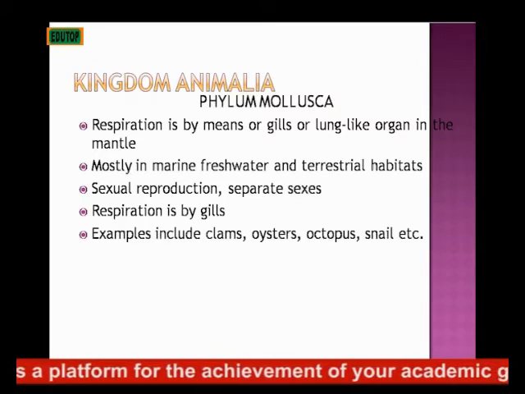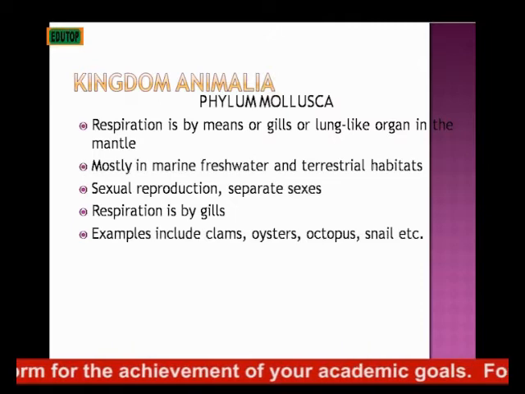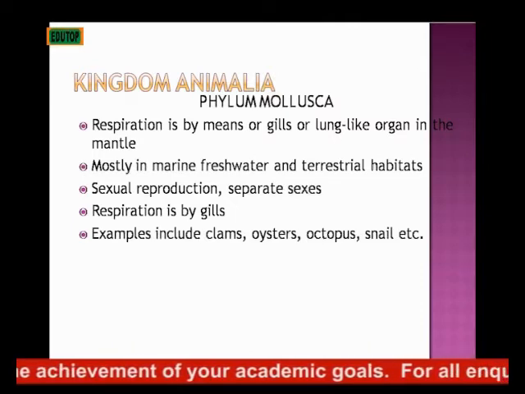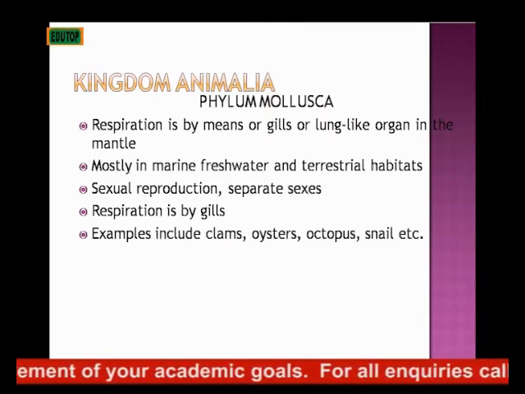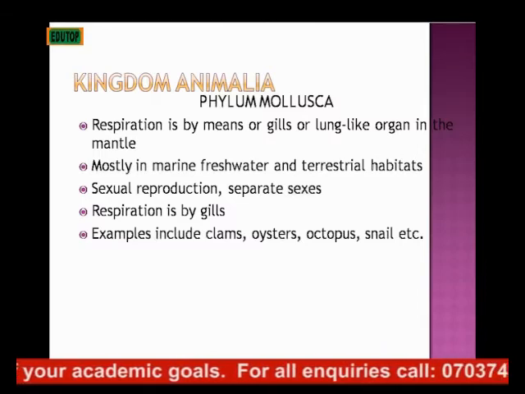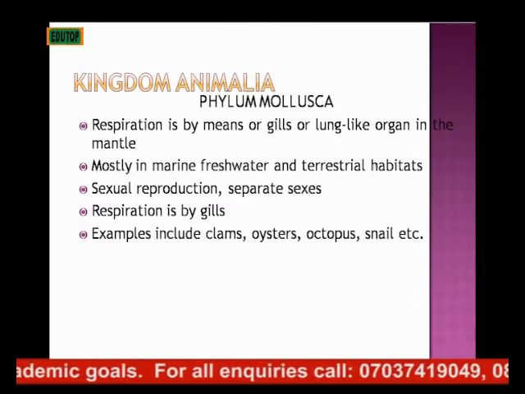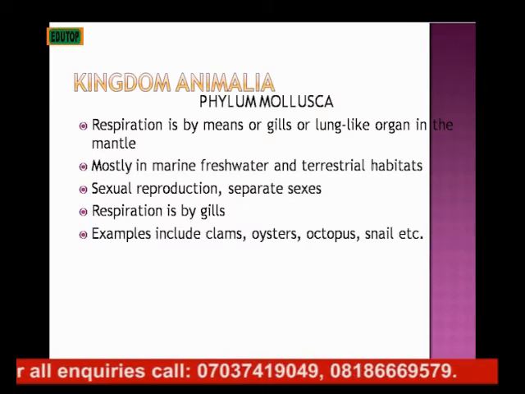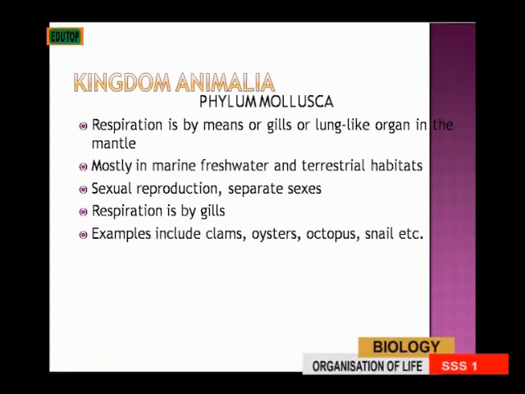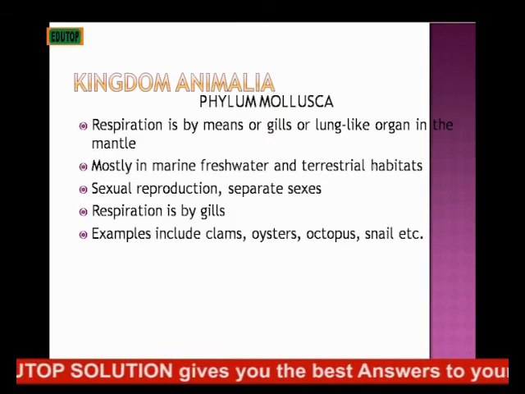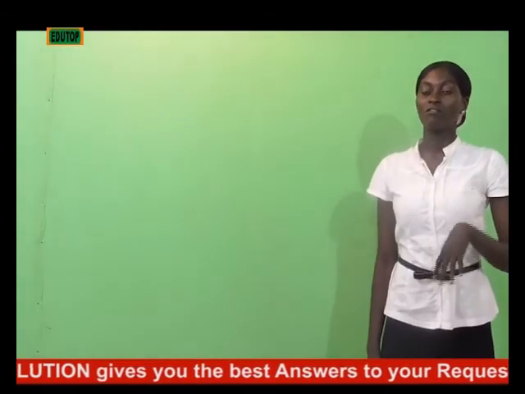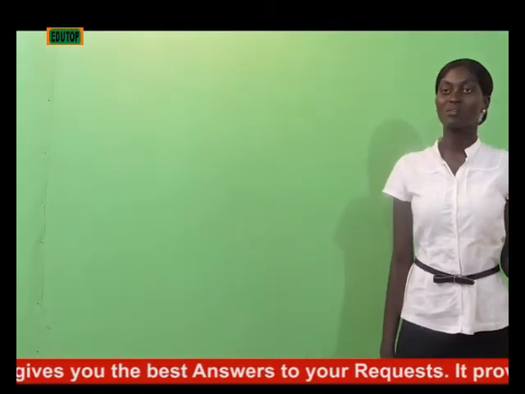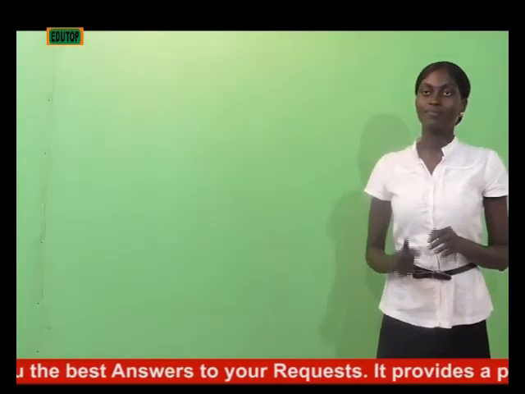They undergo sexual reproduction and they have separate sexes. So you have the female mollusk and the male mollusk. Examples of these mollusks are the clams, the oysters, the octopus, slug, and snail. So those are examples of organisms in the phylum Mollusca.